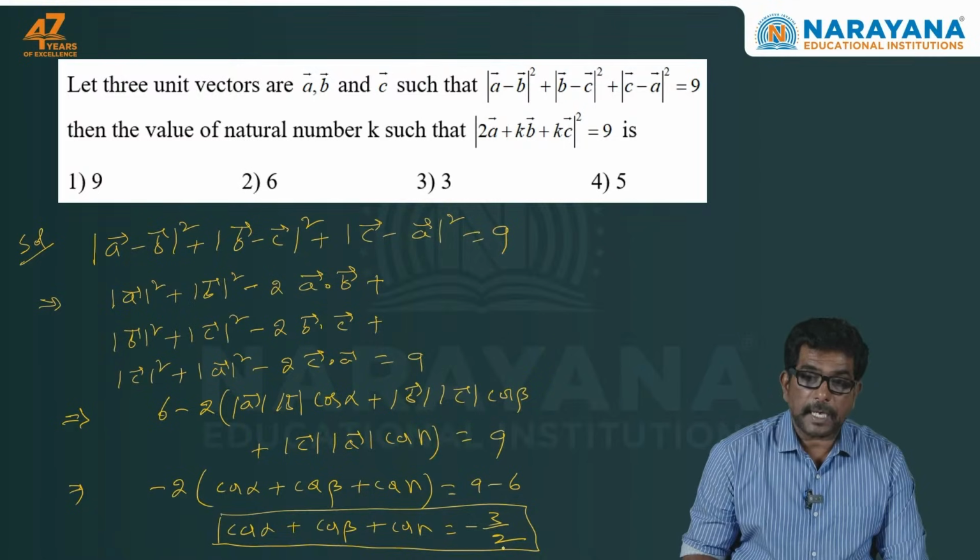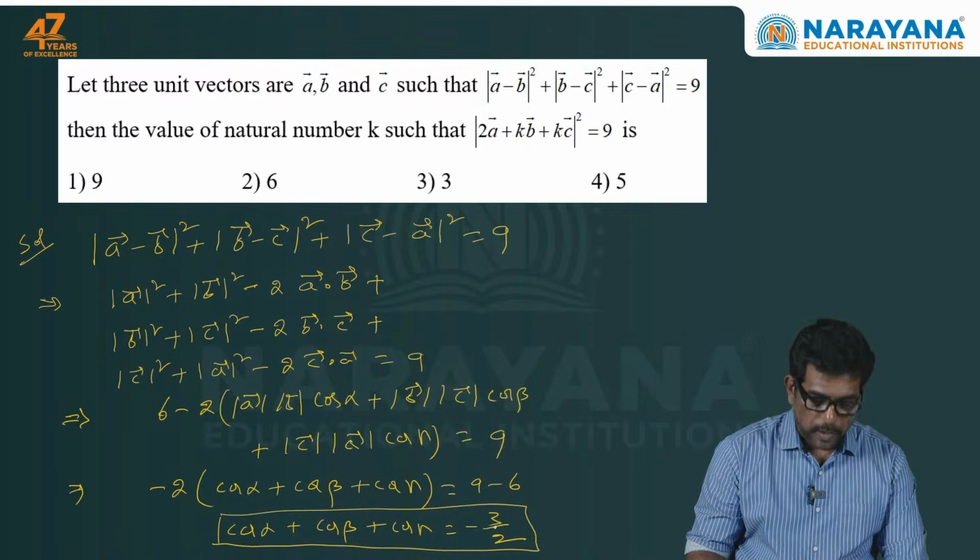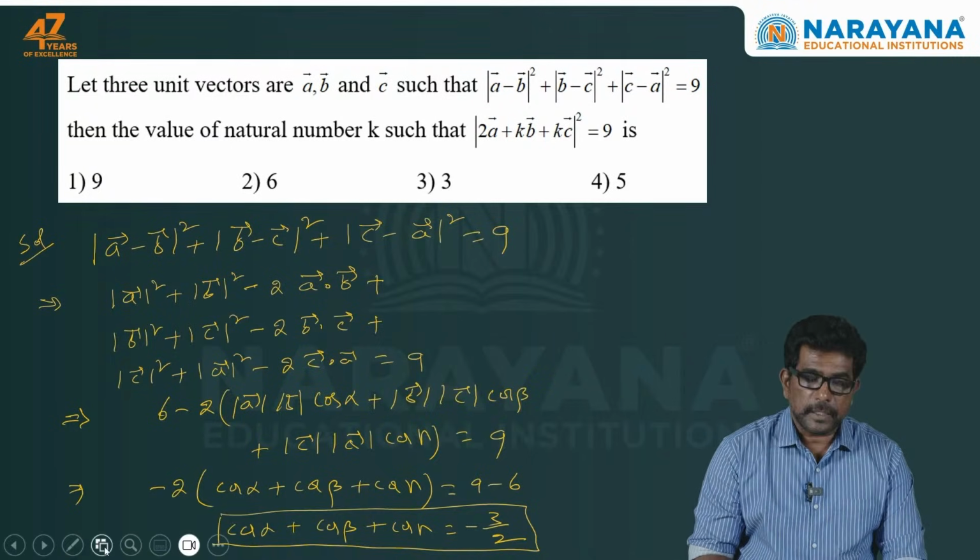Now what they are asking: mod 2a bar plus kb bar plus kc bar whole square is equal to 9, then the value of k.